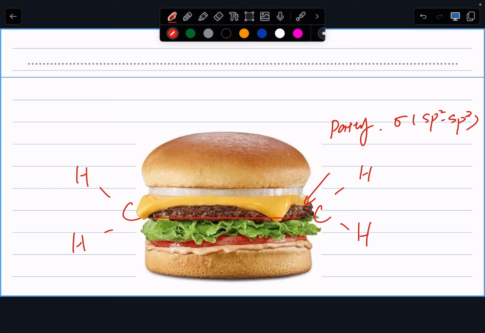What about the pi bond? Which part of the burger describes the pi bond? The bread, but remember, it's both the top and the bottom bread, so it's surrounding that sigma bond.